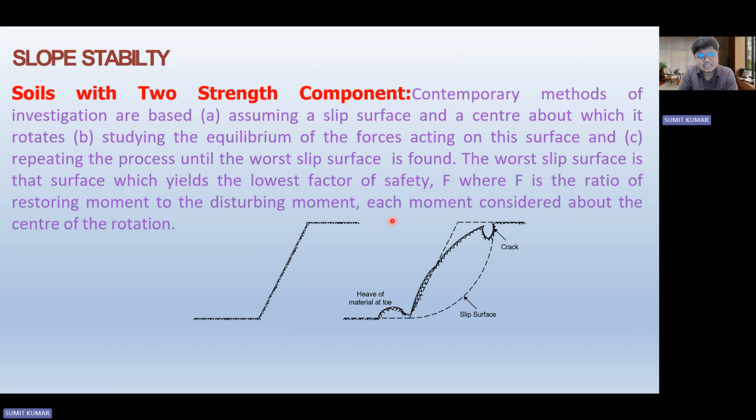And the second one is studying the equilibrium of the forces acting on the surface. And the third one is repeating the process until the worst slip surface is found. So over there we assume a certain slip surface, do the calculation for the slip, and then move forward and backward depending upon the needs and requirements. In the same fashion, we are going to discuss the thing over here as well. We identify the worst slip surface which could be there.